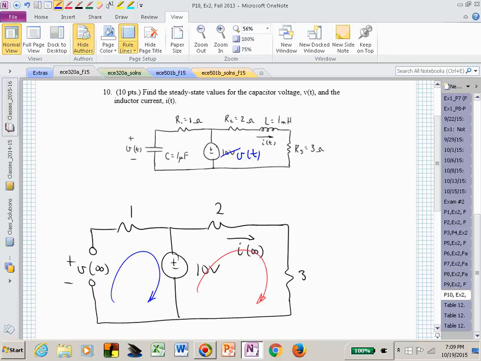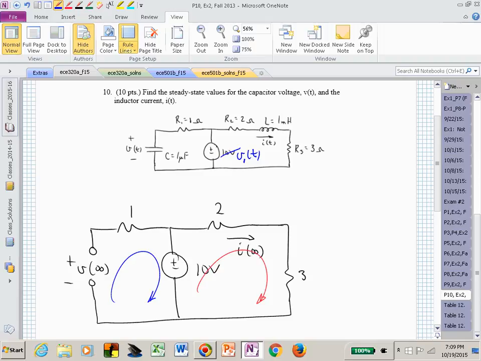Let me say this is now V sub 1 of t as an unknown voltage. You could now find the differential equations. What would the differential equations governing this circuit be? How would you solve that if that voltage source is now a generic source that's V sub 1 of t?